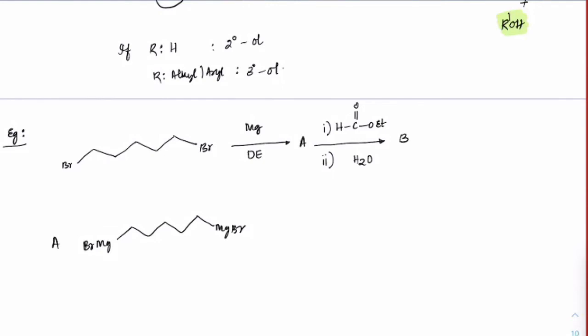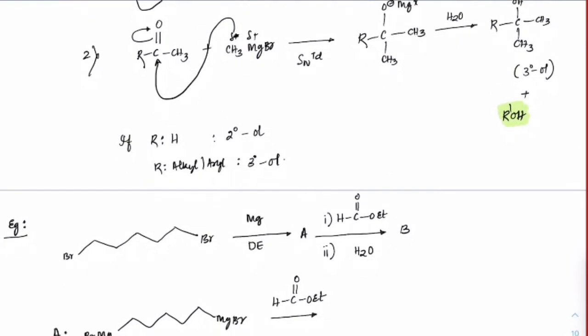So this is A. Now this A is being treated with HC double bond O, OEt, right? Just now we have learned that the first mole will form the ketone and make an SN, you know, AE reaction. So that means this OEt will remove and this get added.